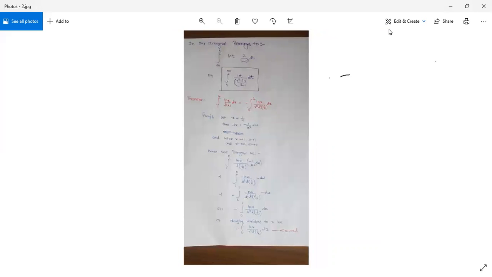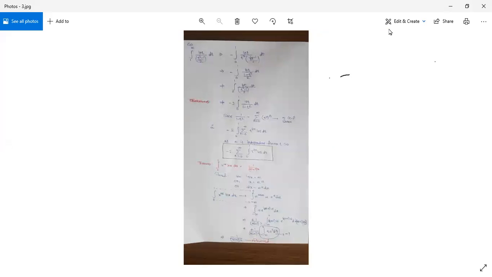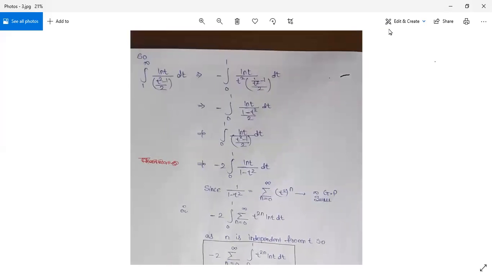Now let us move further. I will use this theorem to solve this boxed definite integral, because this is the definite integral we will be solving now. As this was the integration which we need to solve, I applied that theorem.